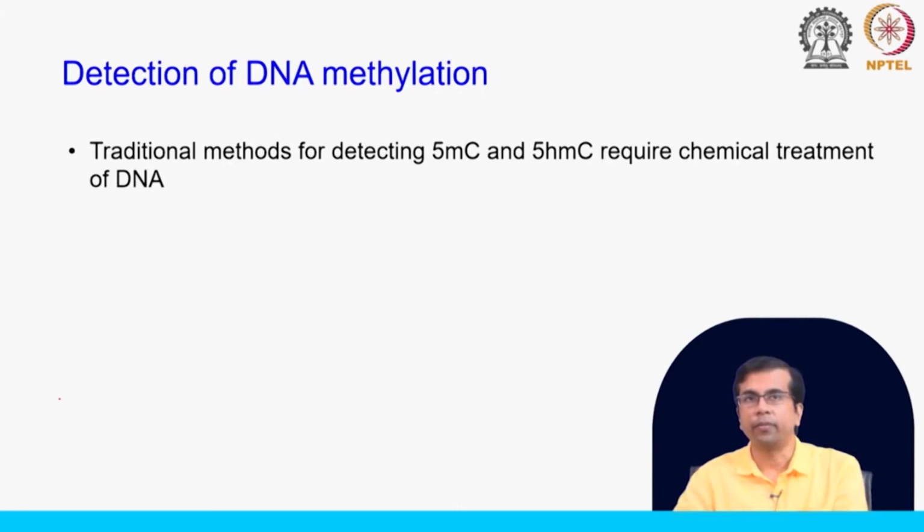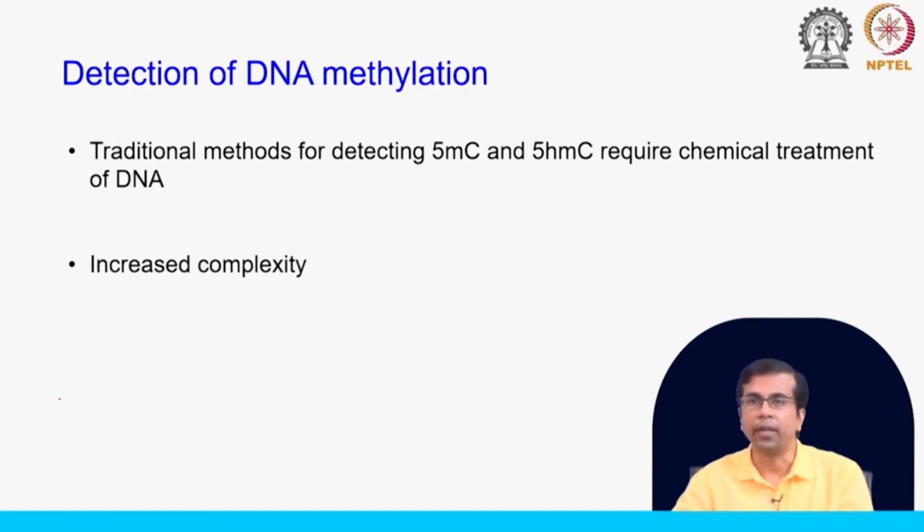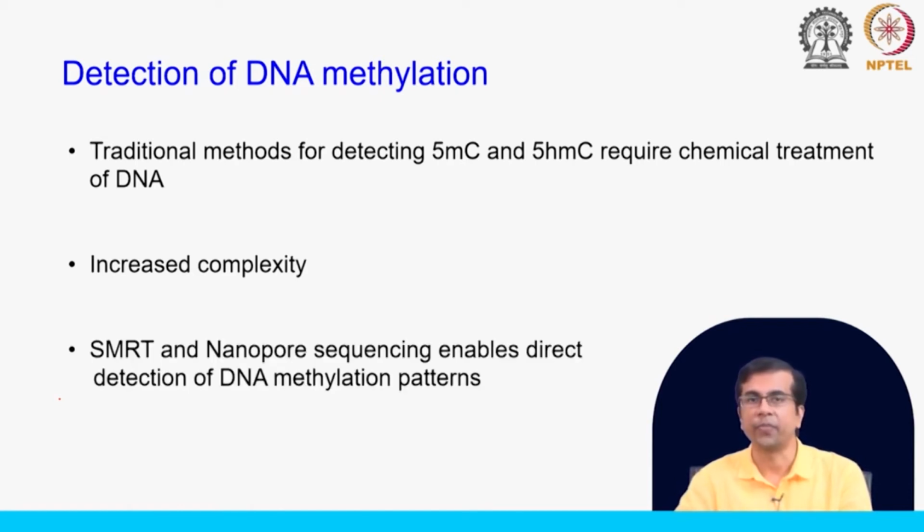Now, what we have learned about DNA methylation detection is that traditional methods for detecting 5-mC and 5-hmC require chemical treatment of DNA, and that might be harsh in some cases. It also increases the experimental complexity as well as the data analysis complexity. If you have to do this 3-way comparison between samples, that increases the data analysis complexity.